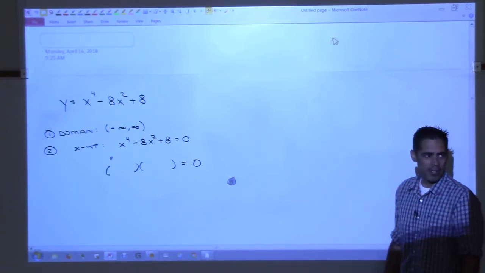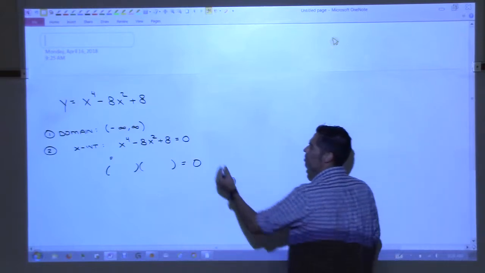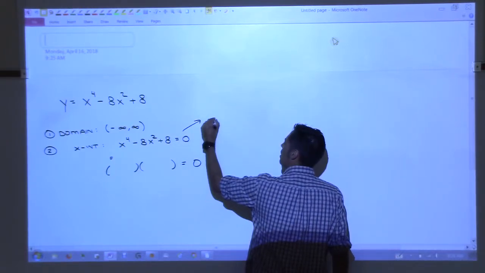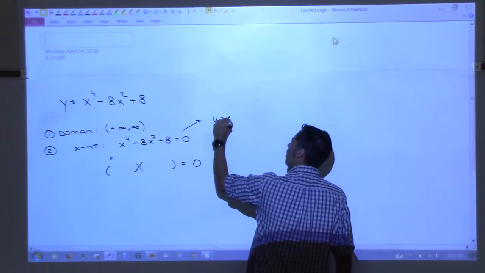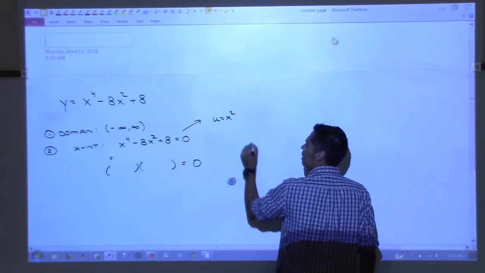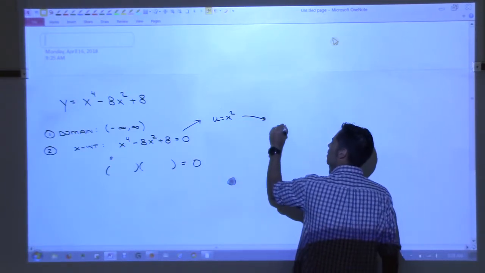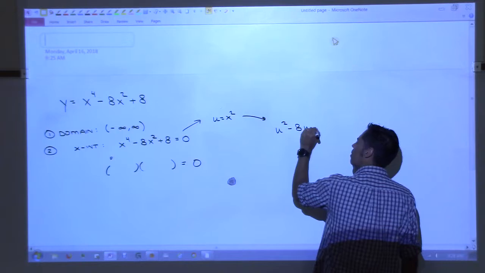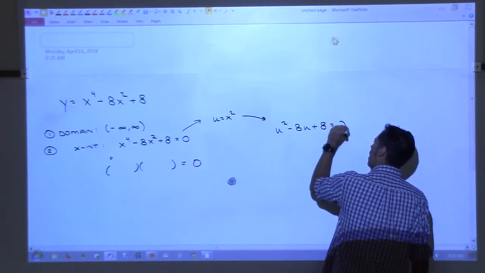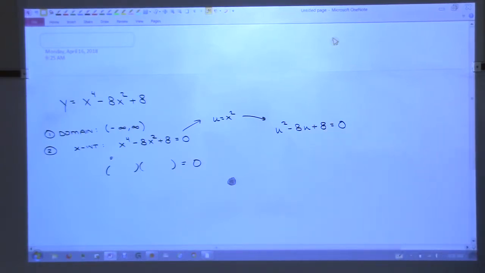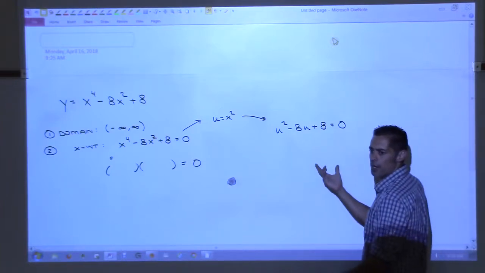Like a quadratic formula? So really what I'm doing is I'm saying, look, everywhere I see x squared, I'm replacing it with u. And then this equation is really going to turn into u squared minus 8u plus 8 equals 0. That's a technique that you use in college algebra, substitution technique. And then I can use a quadratic formula here.